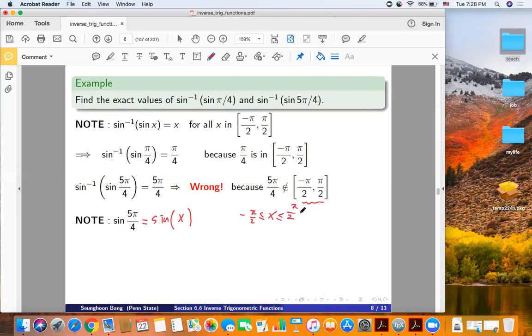How can you find this x value? This x value is negative pi over 4. How can you know that? I want to use this one.